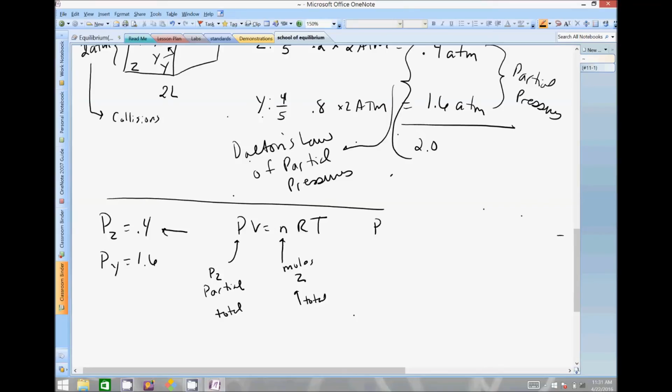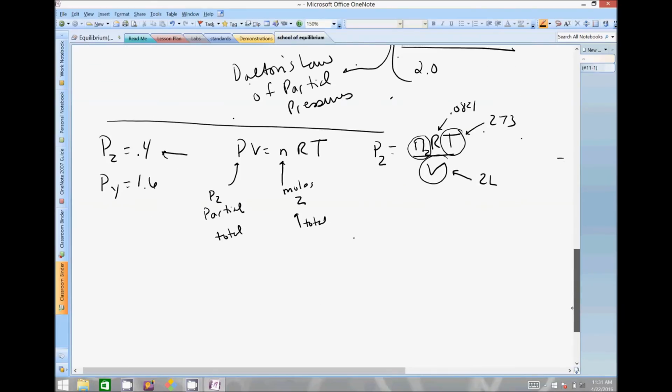So in this case, pressure equals nRT over V. And if I want the partial pressure of just Z, that's fine. I need the moles of Z. I would use this guy, which is 0.0821. The temperature in this case is 273. And the volume in this situation is 2 liters. So the only things that are affecting the partial pressure of Z would be the number of moles of Z, the temperature here, and the volume. Those are the things that are going to affect Z.